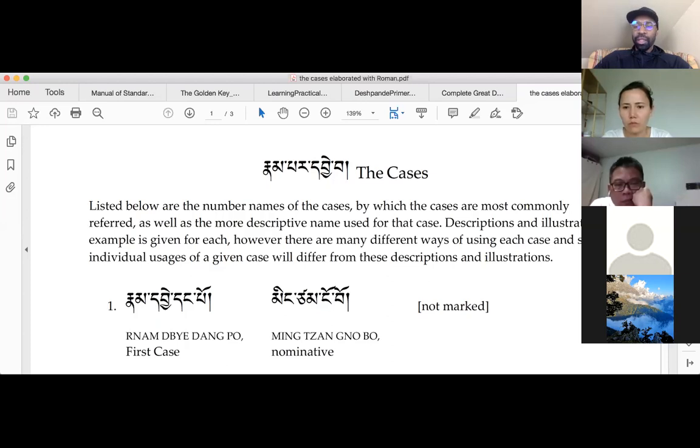What does inflection mean? Inflection means that every time a word is used in a different grammar case, in a different way in a sentence, it is marked in a certain way using letters, right?